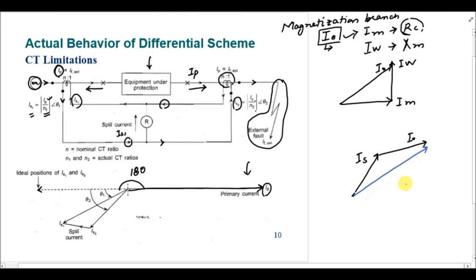So this is your IP. IP is actually the summation of IS and I naught, and I naught comprises two different currents. One is IW, that is passing through XM, which is representing the magnetization, and IM, that is the current passing through RC, which is the representation of the core losses.